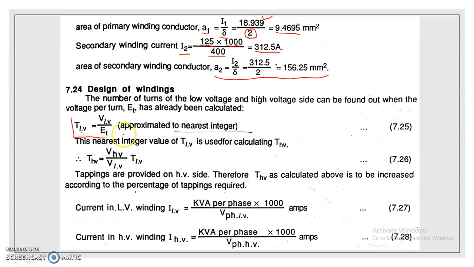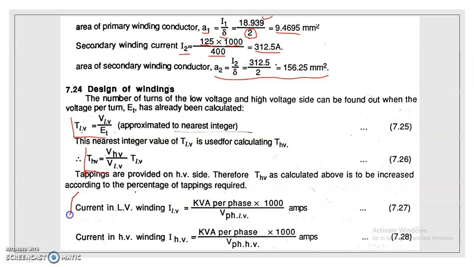You will get TLV. Now for THV, use the turns ratio and voltage ratio: THV upon TLV is equal to VHV upon VLV. We know the HV side voltage, LV side voltage and the LV side turns, so you will get the HV side turns simply.